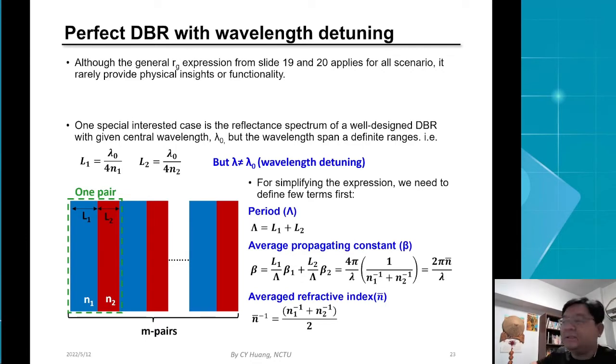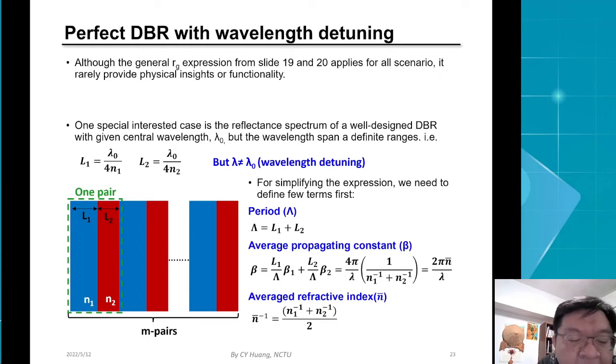So let's consider this scenario. We already designed our alternating layers specifically for the Bragg condition for a given wavelength. So L1 will be lambda 0 divided by 4 n1, and L2 is lambda 0 divided by 4 n2. However, we are trying to obtain the reflectivity at wavelengths not equal to the designed wavelength.